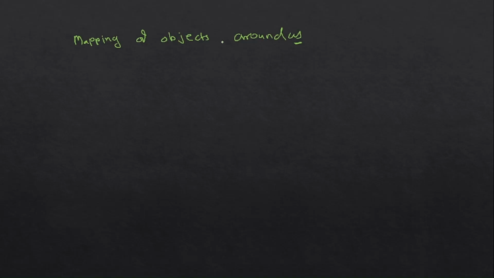The next concept is mapping of the objects around us. It is a very easy concept. If you make the top view of our living room or the study room, it will look like this. Somewhere from here we will have the entry. Once it is the entry, there will be some TV, say the TV set is here.